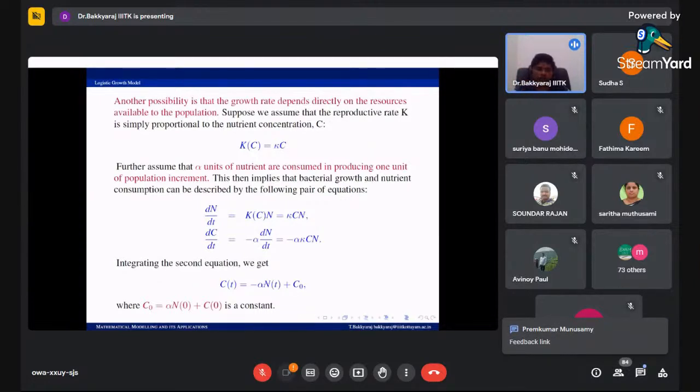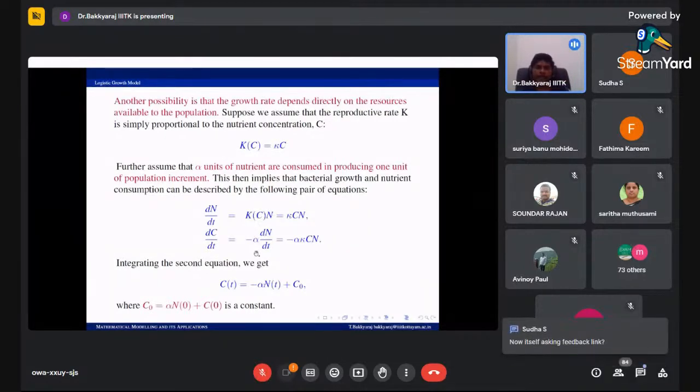So you can represent K as kappa times C. Here I am going to introduce another parameter, alpha. Alpha units of nutrition are consumed in producing 1 unit of population increment, that is, alpha units are required to produce 1 unit of population.